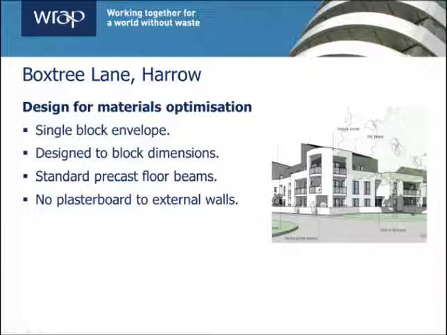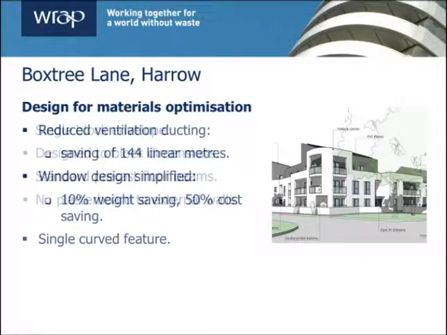The development was also designed to standard dimensions, so that, for example, window heights are aligned with the dimensions of the blocks used. Internally, the walls were directly plastered, which eliminated 420 sheets of plasterboard and the associated waste.